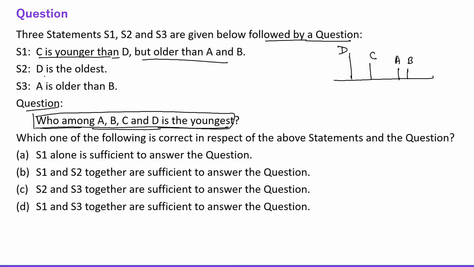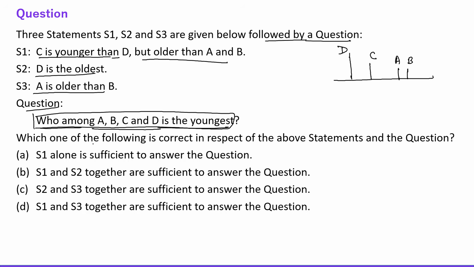After that, statement number 2 alone, D is the oldest. So from statement number 2 alone also we are not able to say anything. After that, statement number 3 says A is older than B. From S3 alone we are not able to say anything.